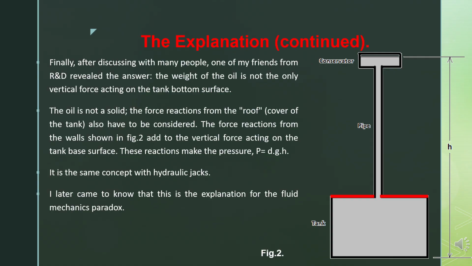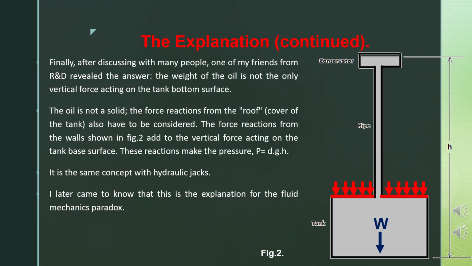Here you can see that I have highlighted the roof of the transformer tank in red lines. These red lines apply a reaction force. The fluid presses against them and as a reaction it gives back that much pressure, so this causes a reaction force to act on the fluid. I have shown the reaction coming from the two highlighted surfaces by red arrows.